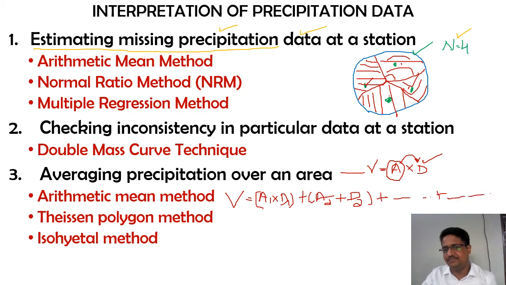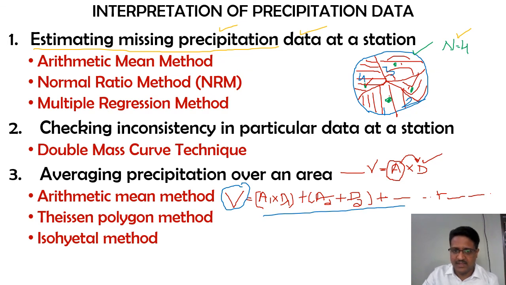If I write this as the first, second, third and fourth rain gauge station, your total calculation of volume will be given by a formula of this sort. Since we have 4 rain gauge stations here, you need to determine 4 effective areas, that is A1, A2, A3 and A4.